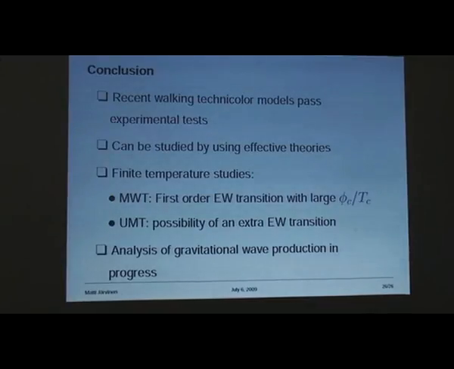But you said this is testable at LHC. Yeah, well, this particular model, you have quite light states typically. You don't really know what is the mass scale of the lightest scalar, but at least it seems that for this first order phase transition, you need to have them very light.